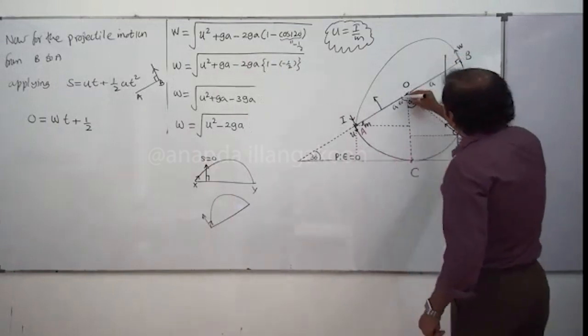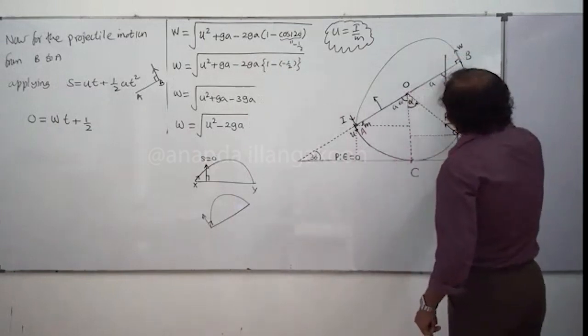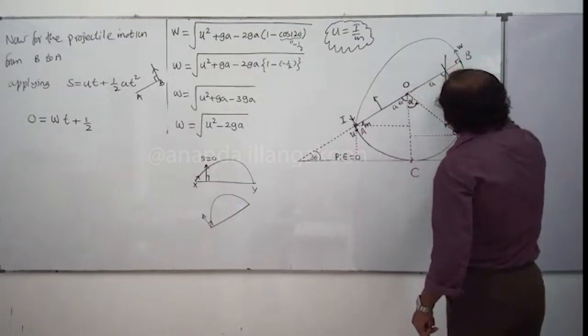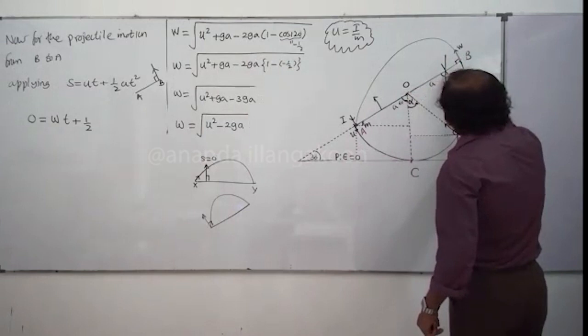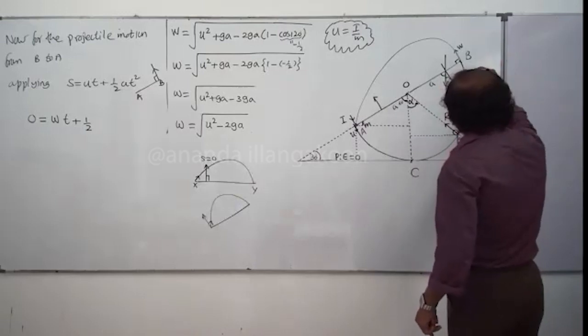This angle is 60, therefore this is 60. We need the acceleration along this direction. If this is 60, this is also 60. Therefore, this is 30. Then the component of g in this direction is g cos 30.